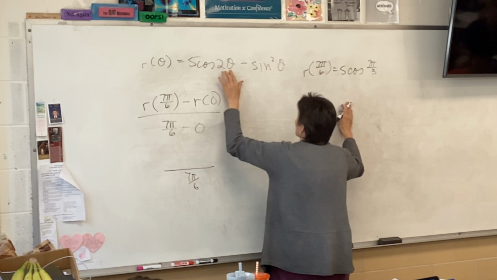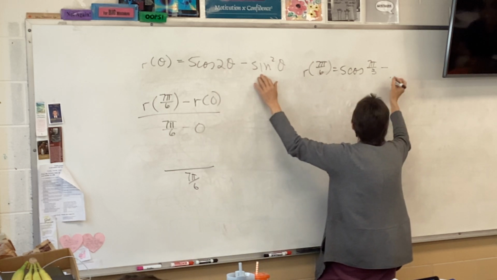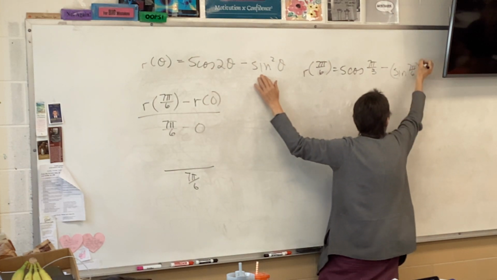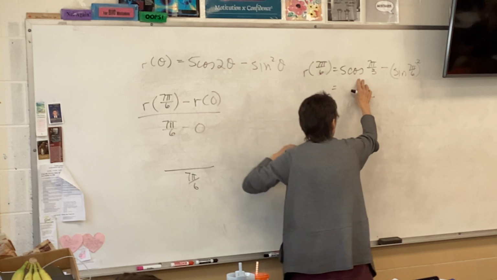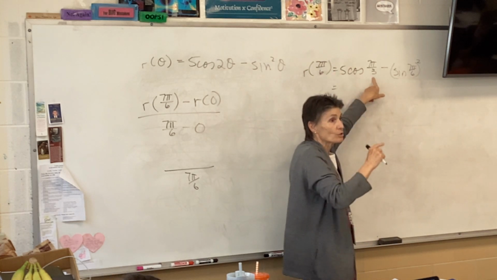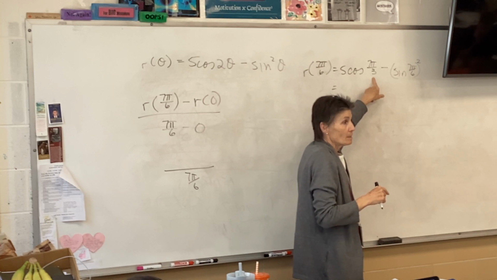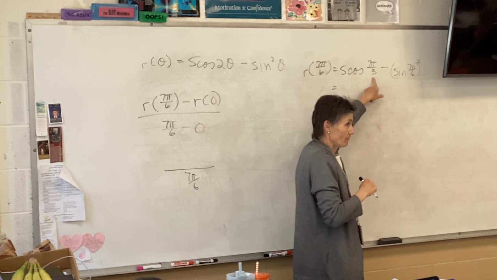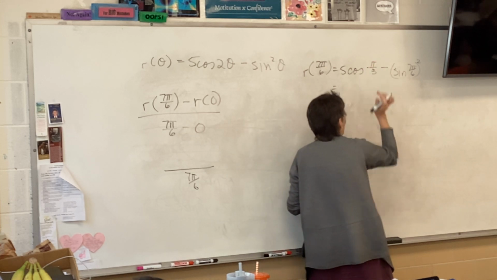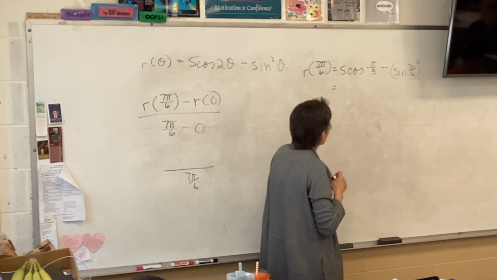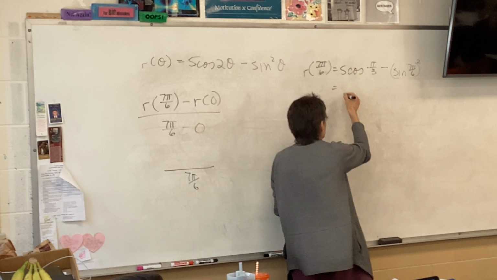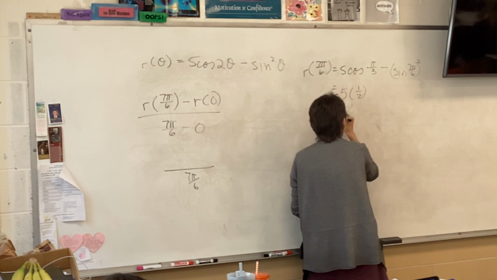Theoretically speaking. And then minus the sine of 7 pi over 6 squared. Okay, 7 pi over 3 is too big, so I'm going to get rid of 2 pi, and that's just going to be the same as pi over 3. So what's the cosine of pi over 3? So this is 5 times a half, or 5 halves.